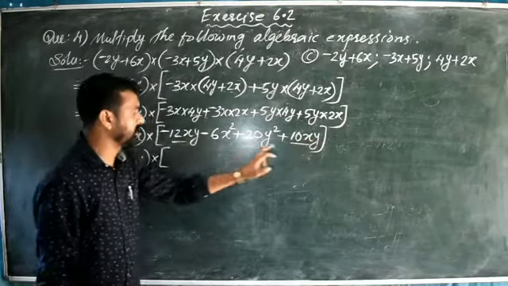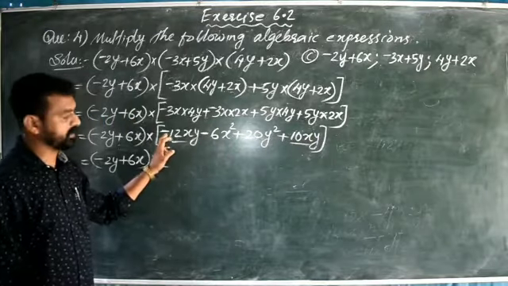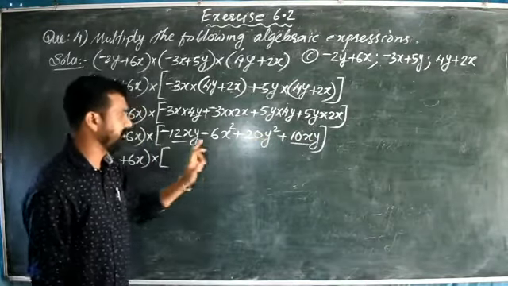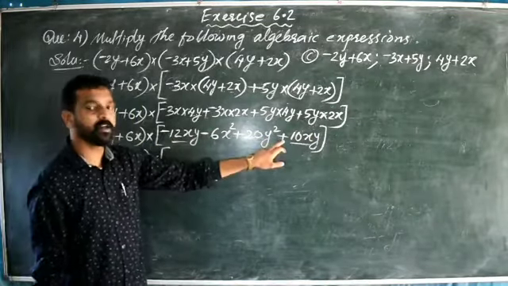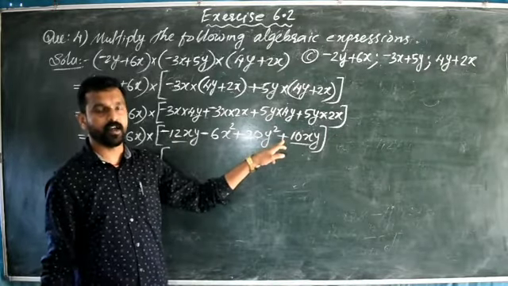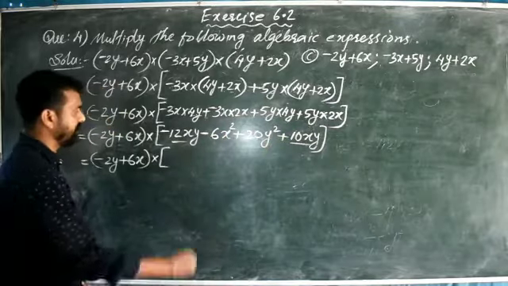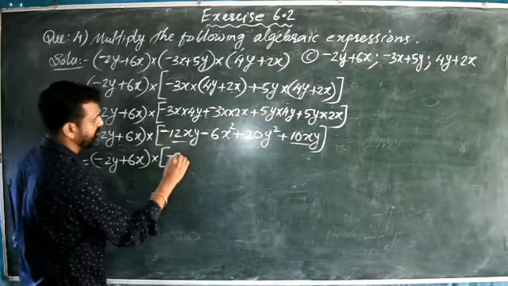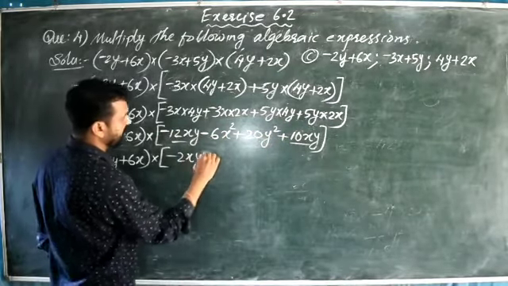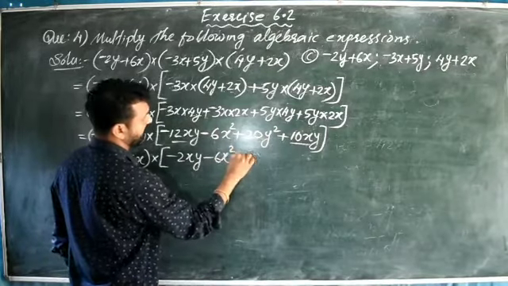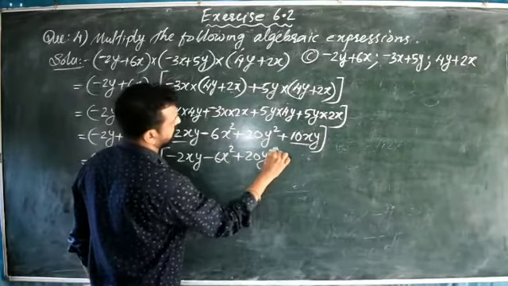They are like terms, and numbers we have to add or subtract. Minus 12 plus 10. One number is negative, one is positive. Subtract the numbers and put the sign of the largest number. So 12 minus 10 is 2 and the largest number's sign is minus. So it will come minus 2xy minus 6x square plus 20y square.